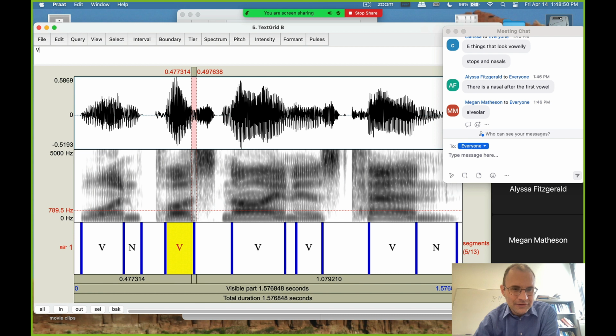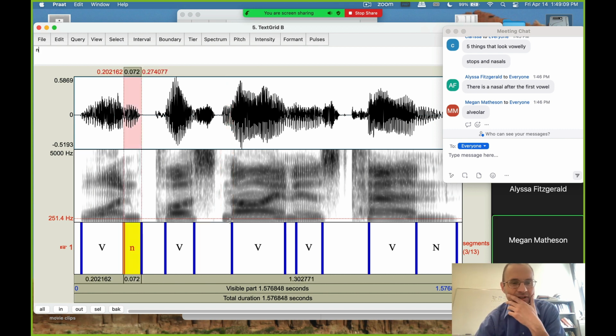So you think this little spot right in the middle is a nasal? No, after that. Here. Oh, sorry, I'm looking at alveolar. Okay, so alveolar. Gotcha. Yep, that is correct. This is an alveolar. F2 is right about there. It's not going down really, and it's not linking up with F3. So that's a good clue that it's an alveolar.